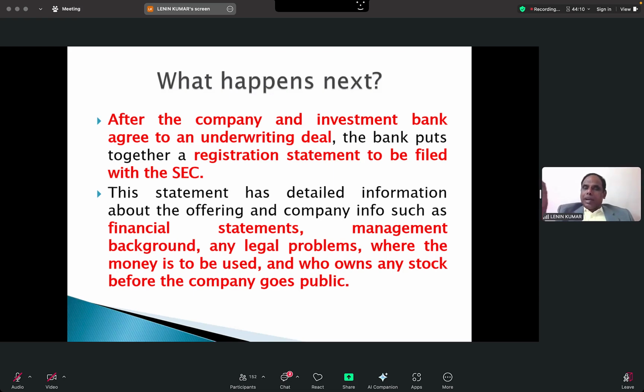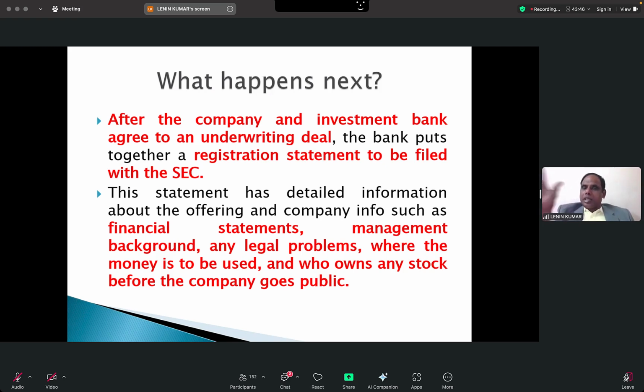Then where the money is to be used: we want to mention how they are going to use this money, and who owns any stock before the company goes public. I told you, family members will own it initially. So who are the family members, and how many shares each of them has. All these details must be submitted.